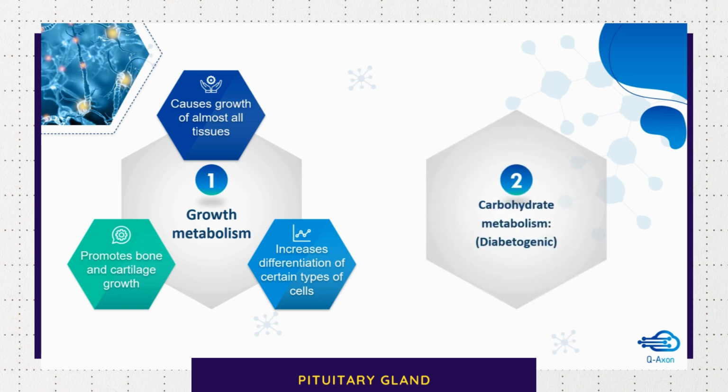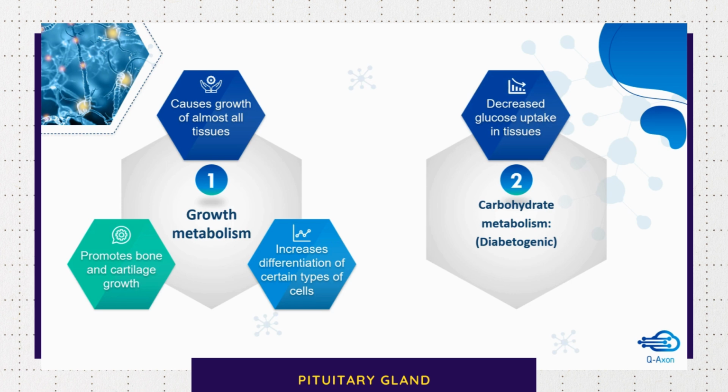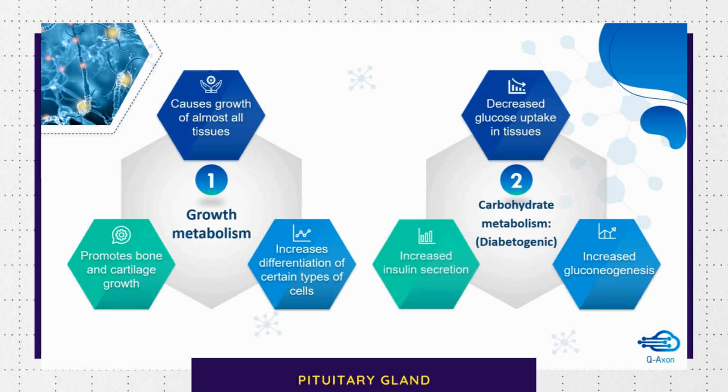In carbohydrate metabolism, growth hormone is said to have a diabetogenic effect. That is, it tends to increase the blood sugar level by decreasing glucose uptake in the tissues, increased gluconeogenesis by the liver, and by causing increased insulin secretion. You might wonder why it is said to be diabetogenic when it causes increased insulin secretion.